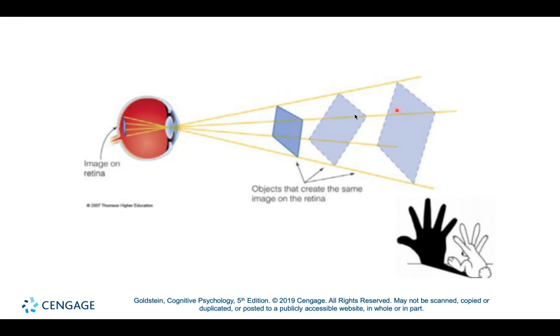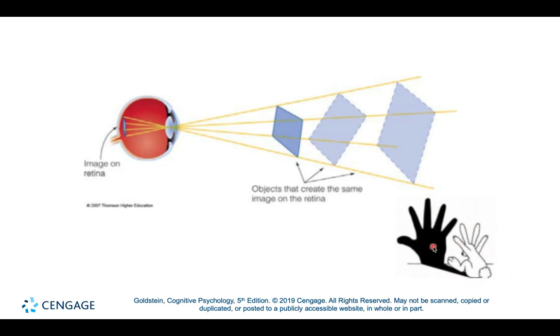An analogy for how this is happening is shadow puppets, actually. So think of the shadow up here, which is a hand. That is the retinal image, right? That's being cast on the wall. But that image could be created by many, many objects in the world.